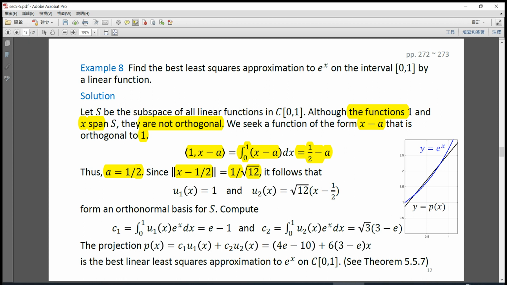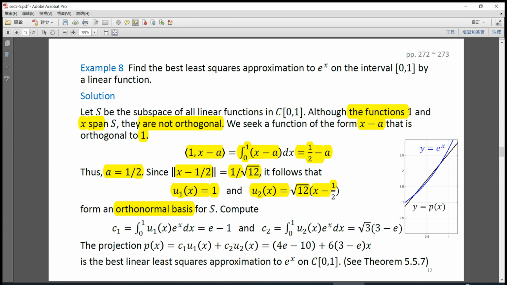And therefore, if we divide 1 by 1, then we obtain u1, which is the first element in the orthonormal basis. And we divide x minus 1/2 by the norm of x minus 1/2, which equals the square root of 12 times x minus 1/2. And this is u2, the second element in the orthonormal basis.